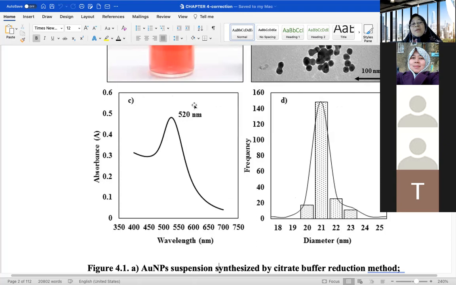Gold has the absorption spectrum at 520 nanometer. So if you have, let's say, 780 nanometer, then you should question your results.